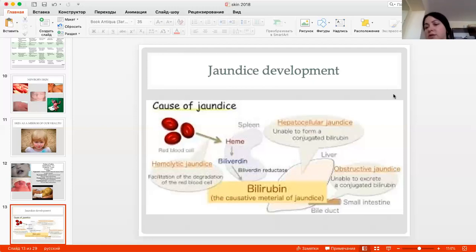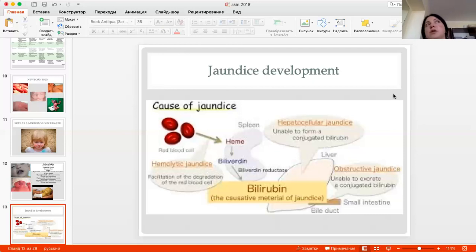As a consequence, the jaundice. And obstructive jaundice, when hepatocytes technically are working well, but the biliary tract, these passages, biliary routes, are too small. They have a bile duct, for example. These passages are small and obstructed by spasm, for example, by some tumor, by congenital abnormality.